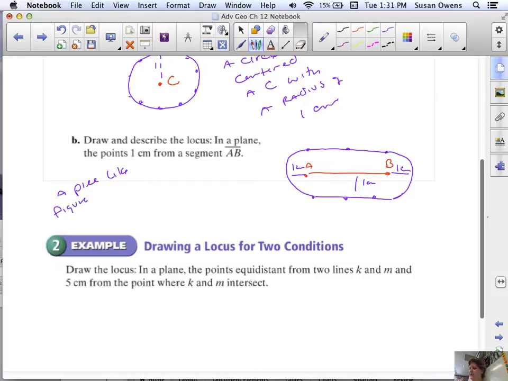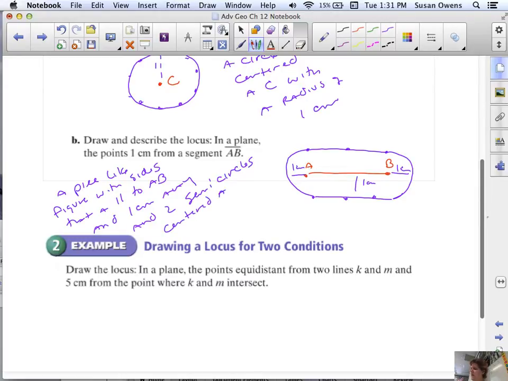What I need to know is the sides that are parallel to AB and 1 centimeter away, and 2 semicircles centered at A and B with radius 1 centimeter.